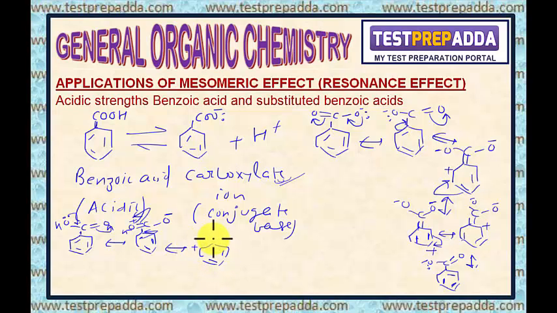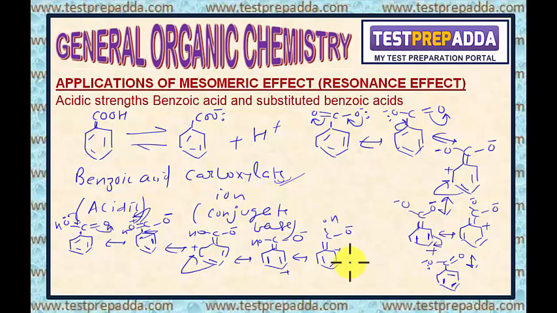Plus will be generated here. Double bond here. Minus is already here. Now OH. Next resonating structure I can easily write here. Electrons will shift in this manner. Plus will come here. Double CO minus OH. Next resonating structure I can write, plus will come here, double O minus OH, and then this resonating structure. Okay, so these are the different resonating structures of benzoic acid.